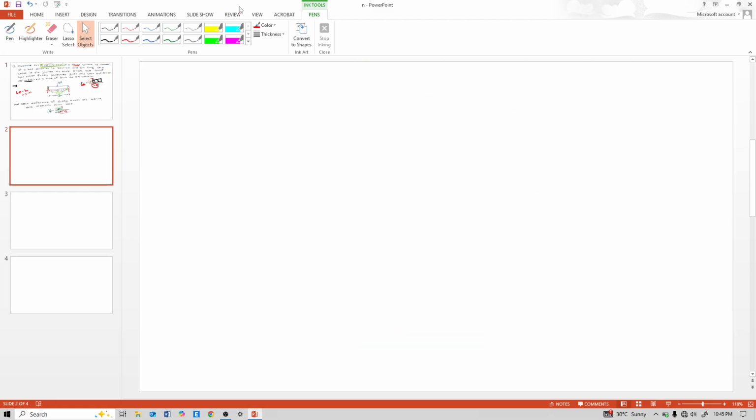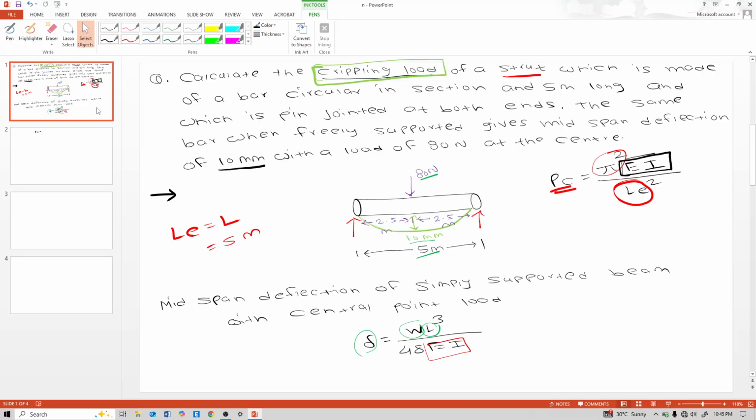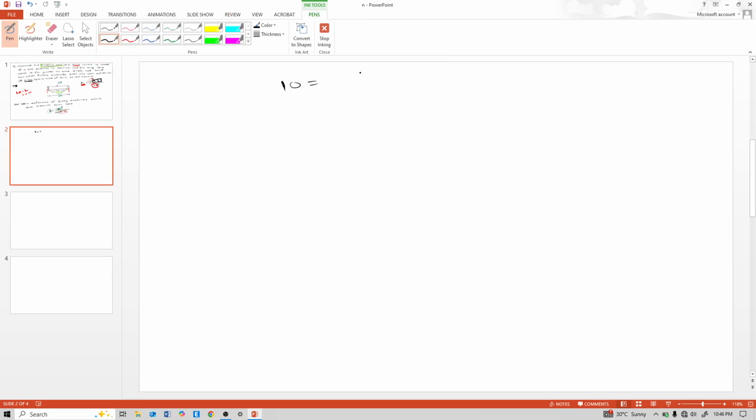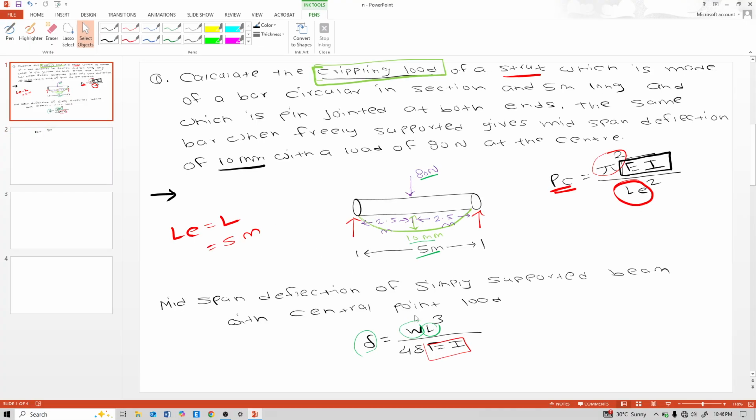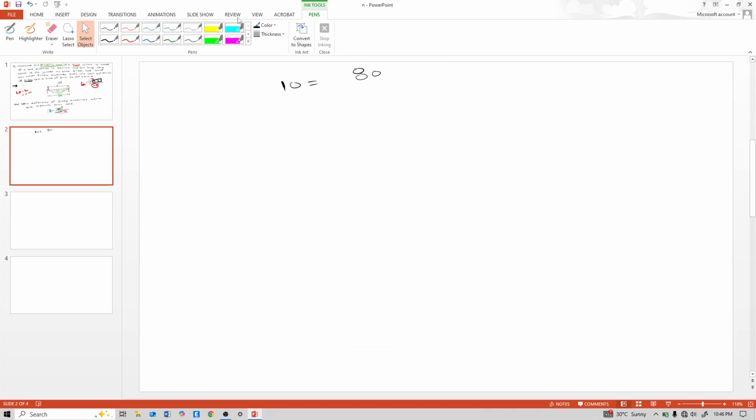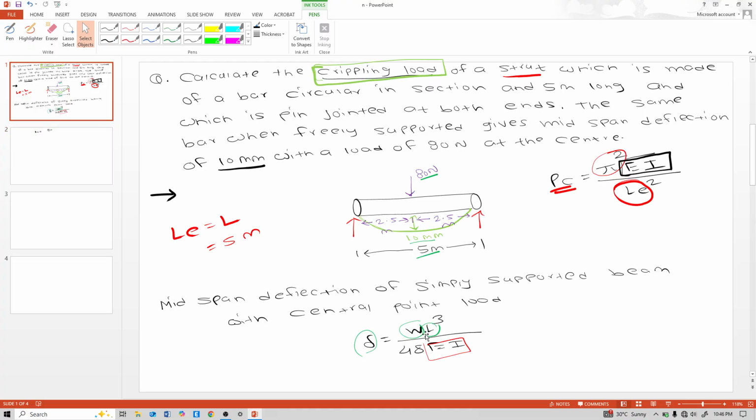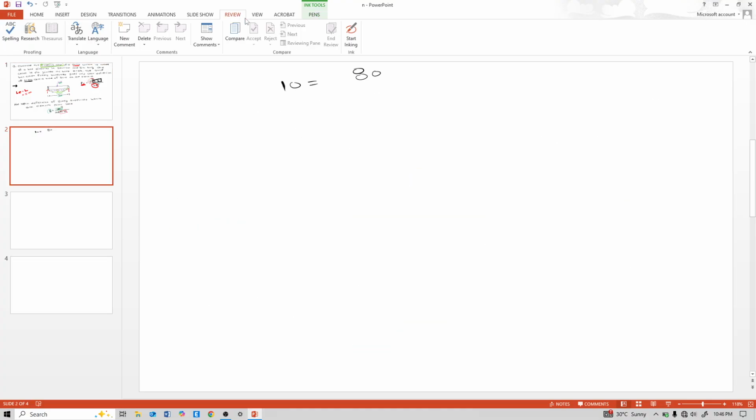So delta is 10 mm is equal to W is 80 Newton, length is 5 meter, that means 5000 mm, and see, cube of that length.